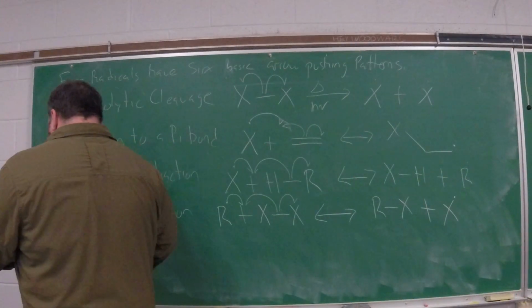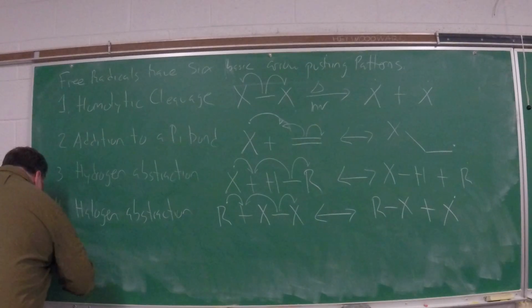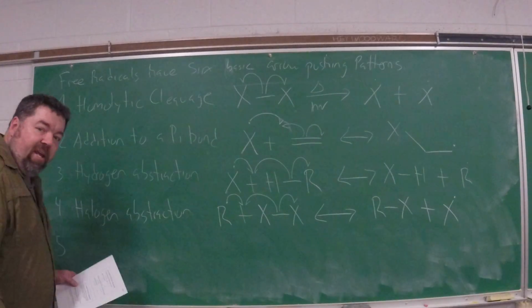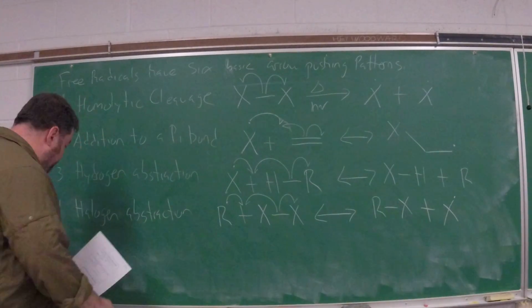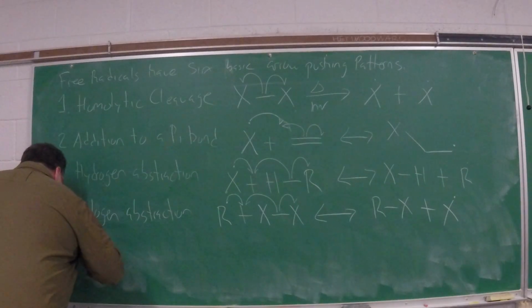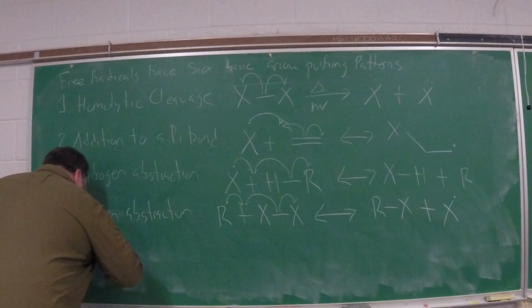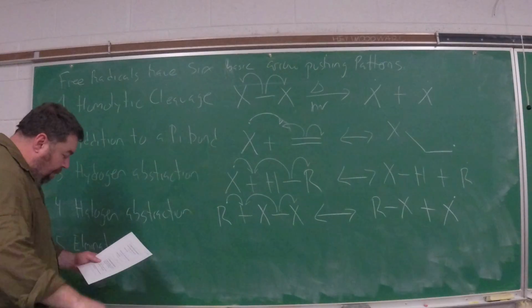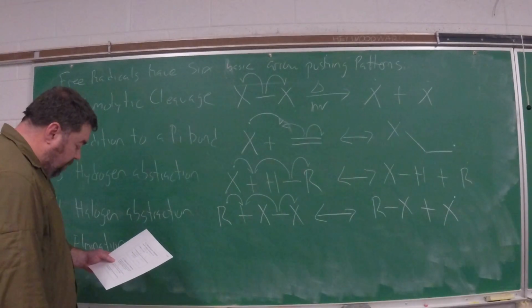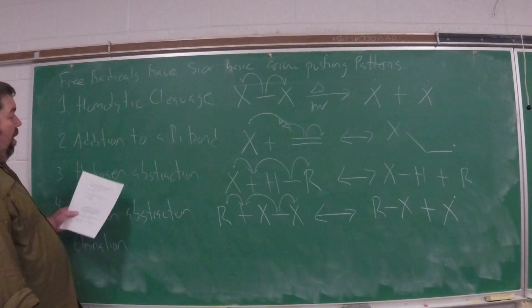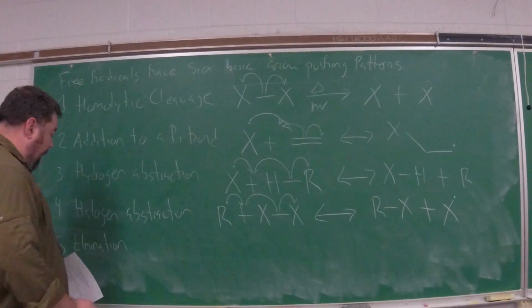Then number 5, we're going to have elimination, okay? Basically like losing a halogen, okay? This is going to be reverse of addition to a pi bond.